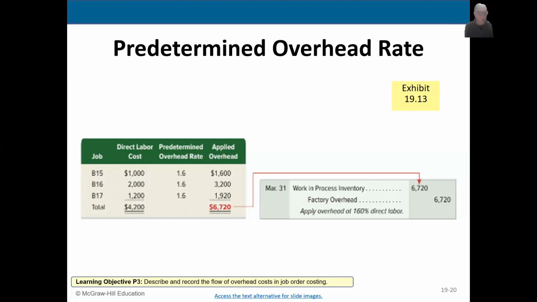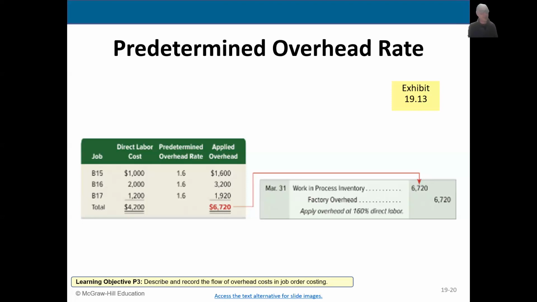We do that for each job. You get the total. We then apply factory overhead to work in process. Remember, work in process cost includes the direct materials used, plus the direct labor used, plus the factory overhead.